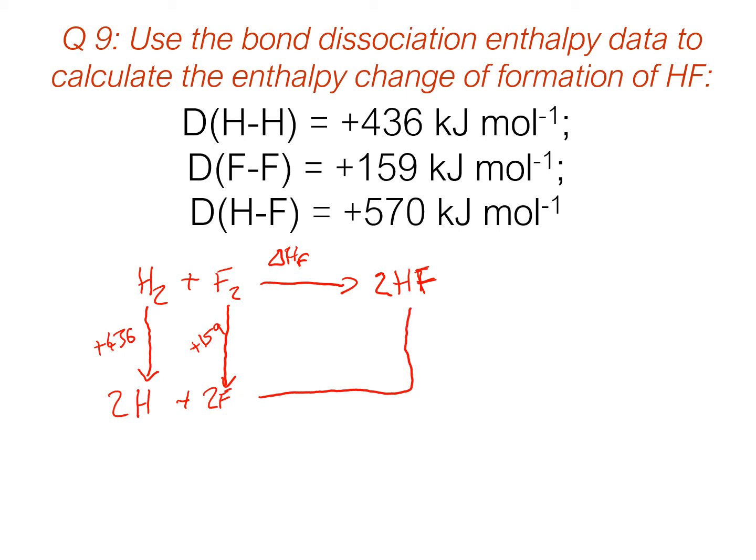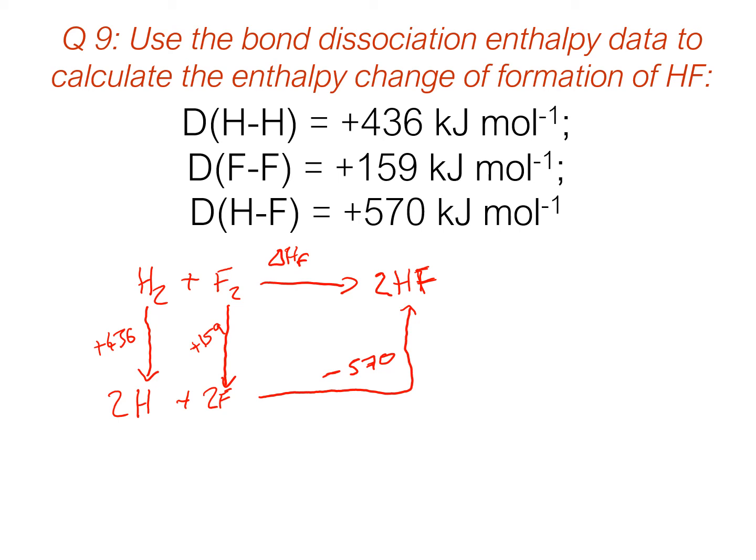And then these 2 will combine to make 2 molecules of HF. Now we're given the bond dissociation energy of HF as 570. And this is how strong the bond is to break, the dissociation energy. If we want to make this bond, it's just the negative of it. So then this is minus 570 kilojoules per mole.